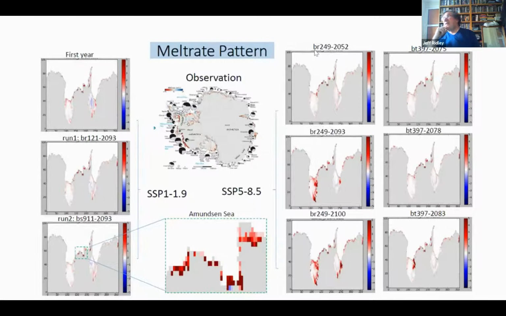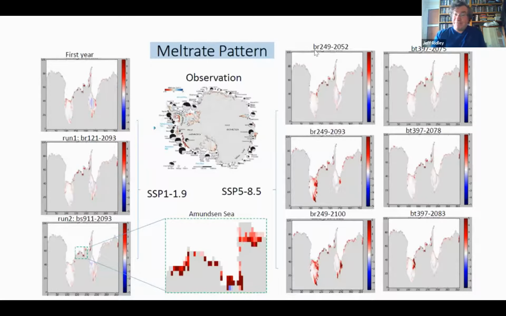So the reason this happens on the Ross ice shelf is just that the ocean dynamics happens to bring the warm water in at that point. If you shift the winds slightly, the winds that generate the Ross Sea gyre, then instead of the Ross ice shelf melting badly, a small one in the Amundsen Sea melts badly.